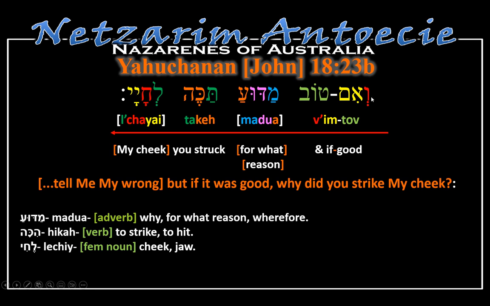And then we have v'im, and if, tov, which means good, madua, which means for what reason, ta ke, which is you struck, because remember that it's hake, meaning to strike, and the tav is second person, you shall strike, or you struck.